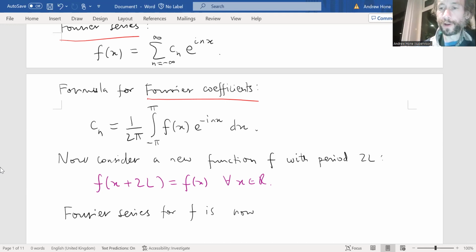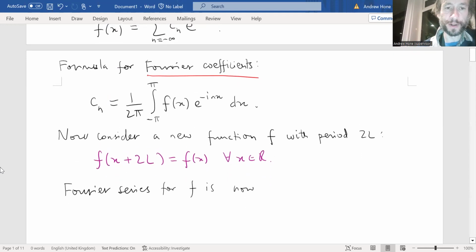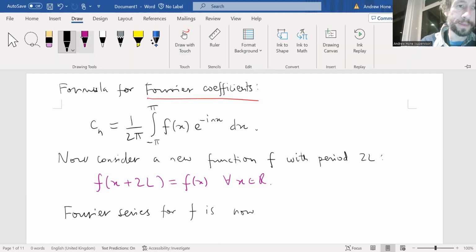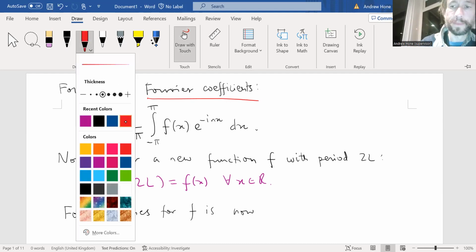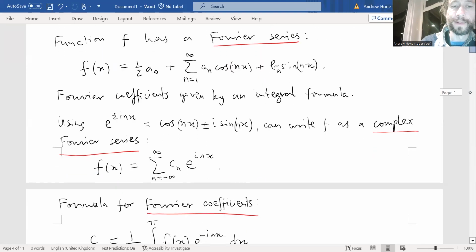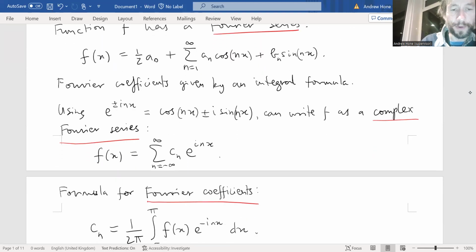So what happens is the Fourier series for f is going to change now. So this formula, let's change the color. Sorry, I've lost the screen that I was on. I'm talking about the right-hand side of this formula up here.